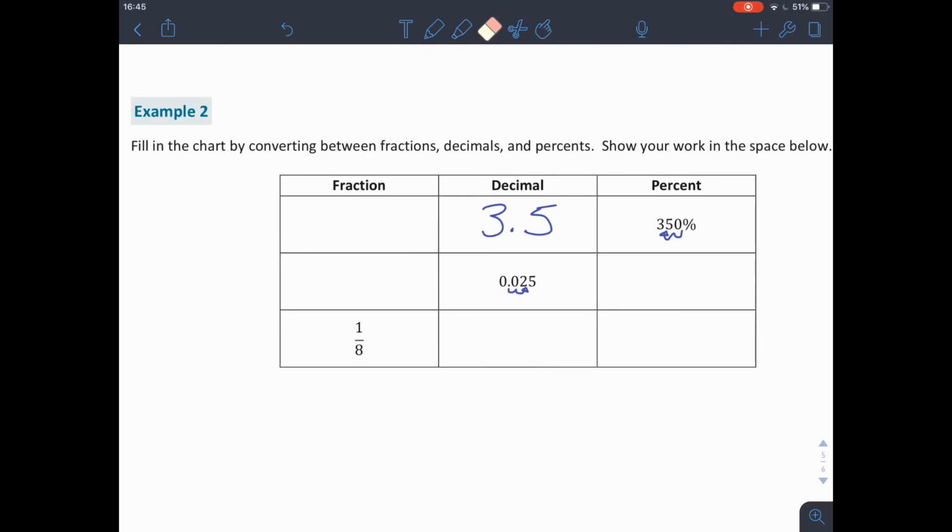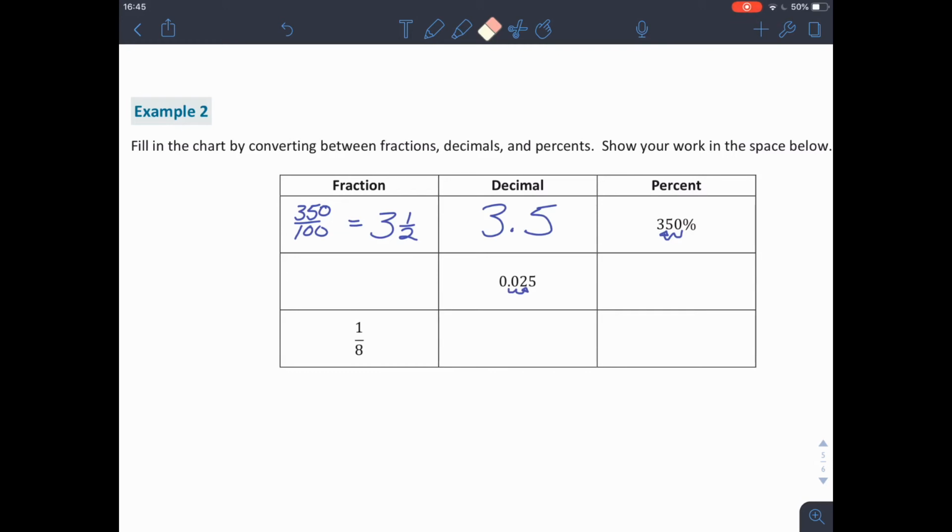If I use my percent, I can take the 350 and put it over 100 for my fraction. If instead I start with my decimal, it's very easy for me to see that I would end up with a mixed number with a whole number of 3, and then 5/10, which I know is 1/2 as a fraction. So you could do it from either one, but no matter what you choose, when you simplify, you do end up with 3 and 1/2.